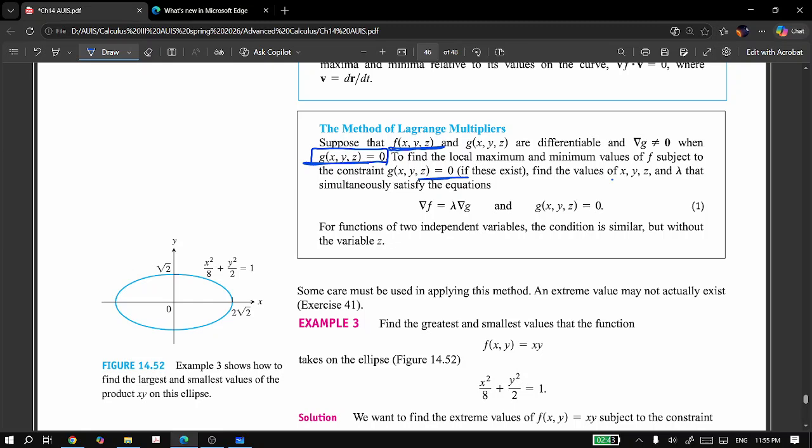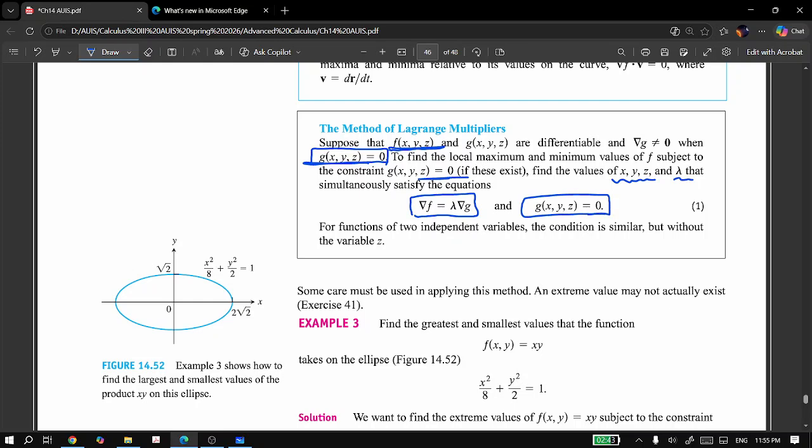We have to find the values of x, y, z, and lambda that simultaneously satisfy those equations that we have got here. So grad of f is equal to lambda grad of g, and we have got the condition that g is equal to 0.